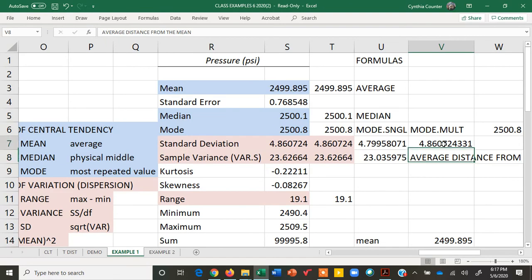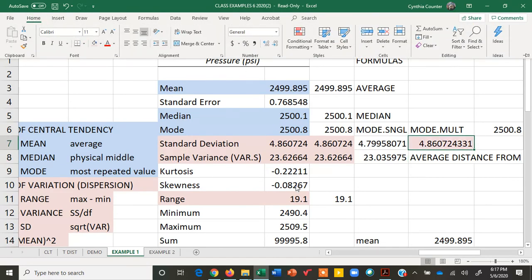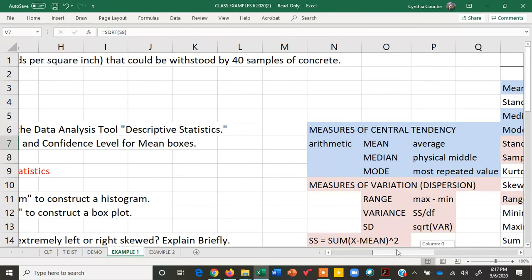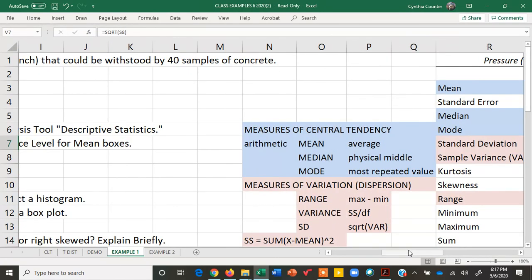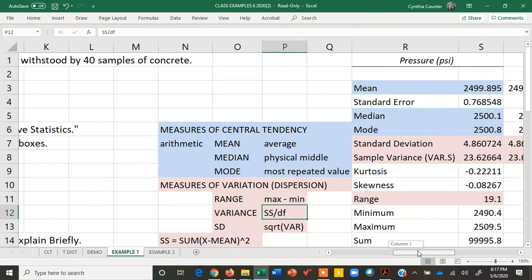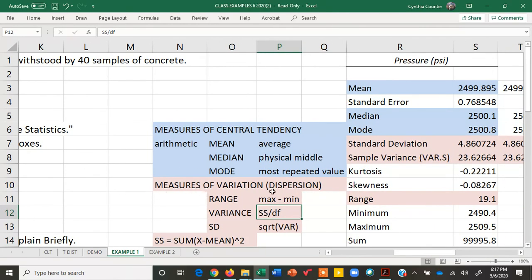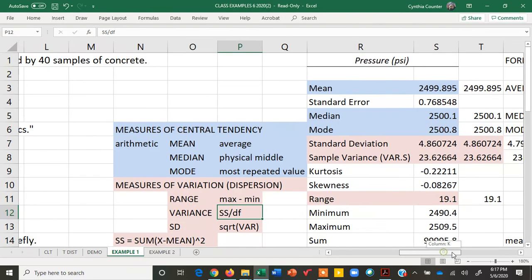See, there's the same value. That is always true no matter what kind of data you're working with: a standard deviation is always the square root of the variance. And the variance is the sum of the squared differences from the mean divided by degrees of freedom, which is one less than the sample size. So those are the primary measures of variation.